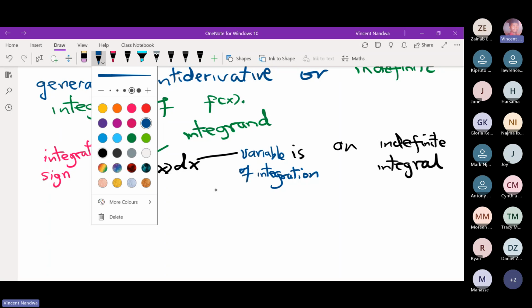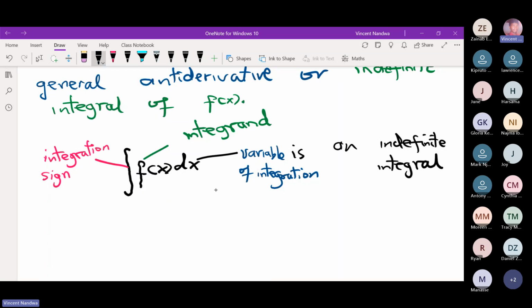Another class of integrals is what we call the definite integral.